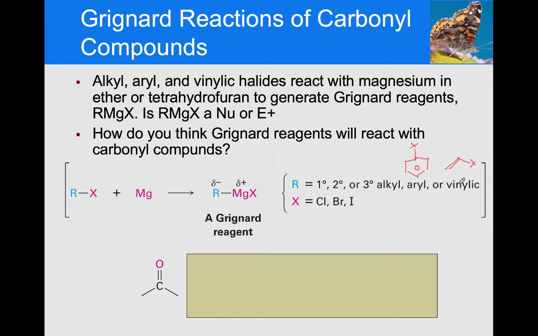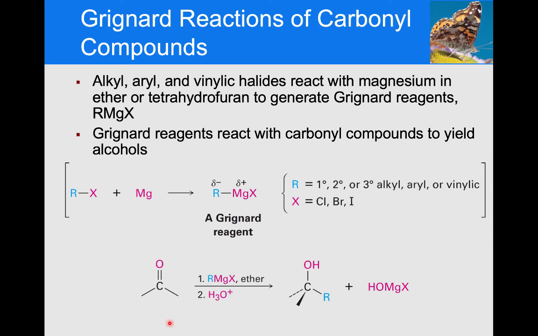You react them with magnesium. The magnesium inserts in between the carbon and the halogen, making this carbon partially negative. So basically what we have here is C minus, a carbanion. So I can take the Grignard reagent, and that R minus can add to the electrophilic carbon here.